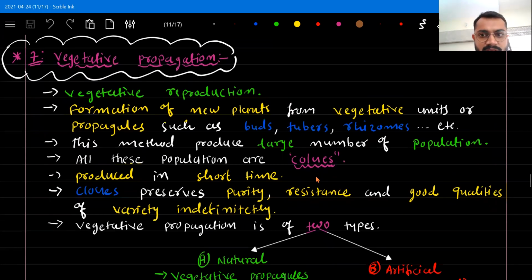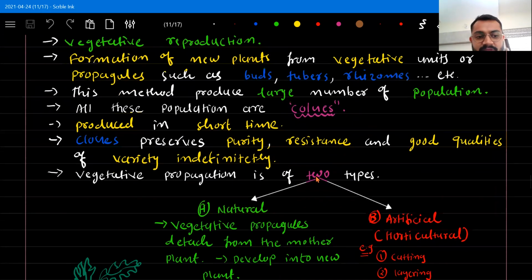Now let's talk about its types. There are different types. Okay, so these are all clones, and as I already told you, they are produced in a very short time.